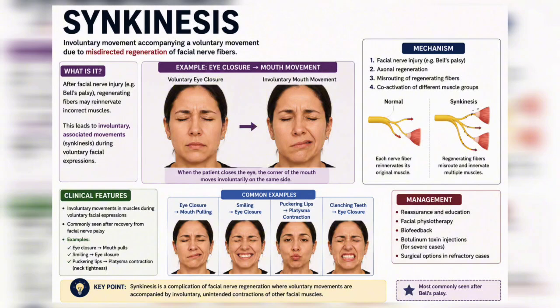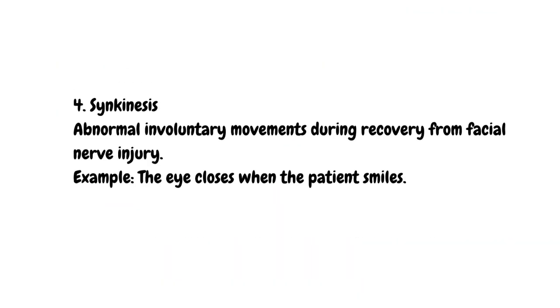Misdirected regeneration of the facial nerve occurs. For example, if you close your eyes, the patient will smile. Or if a person is smiling, suddenly his eyes are closed. And there are plenty of other examples that need to be checked by your physician.